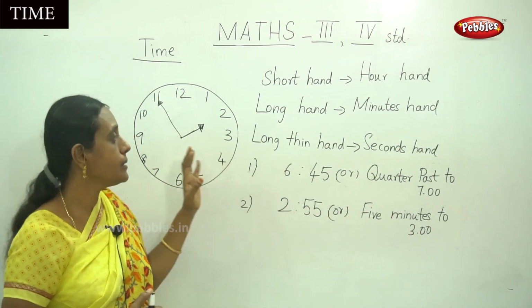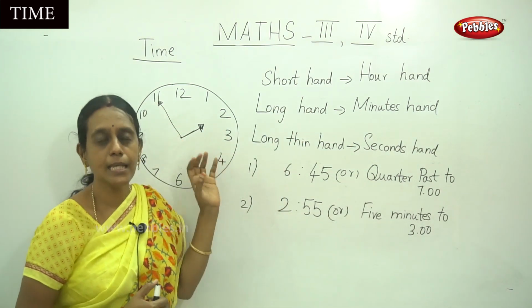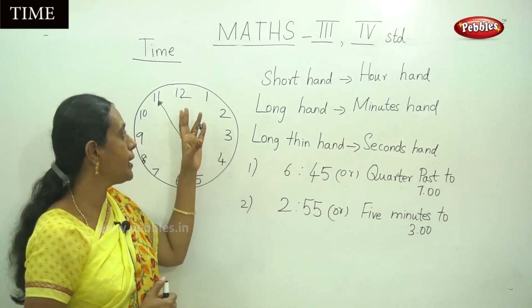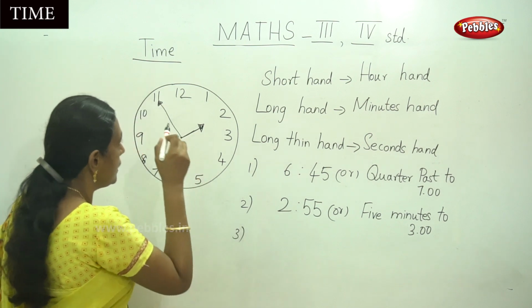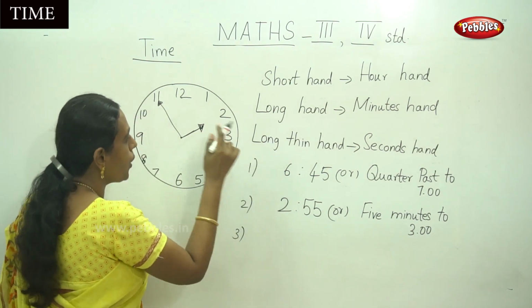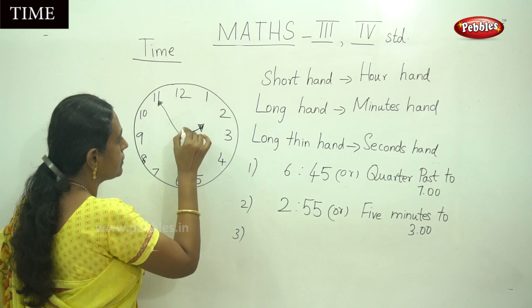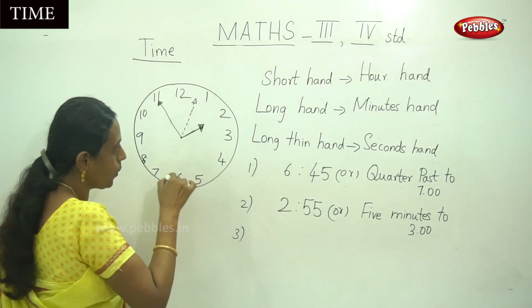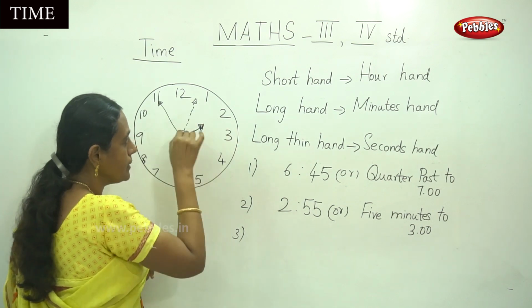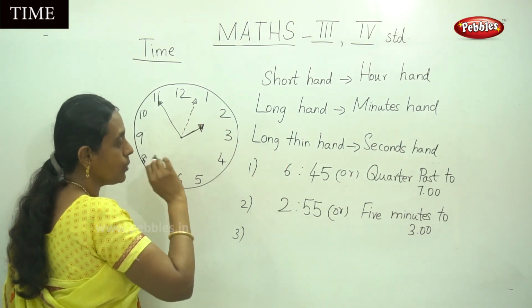How to say the time by seeing only the shorthand and longhand. Okay, and one more tip, one more new hand, that is the long thin hand. It also moves over the clock. That is the second hand.